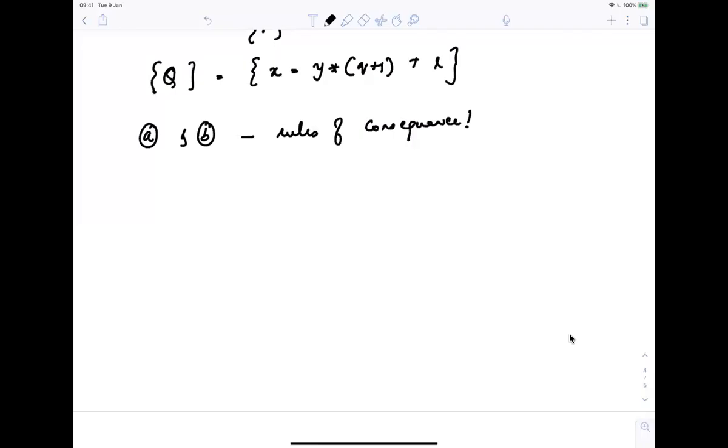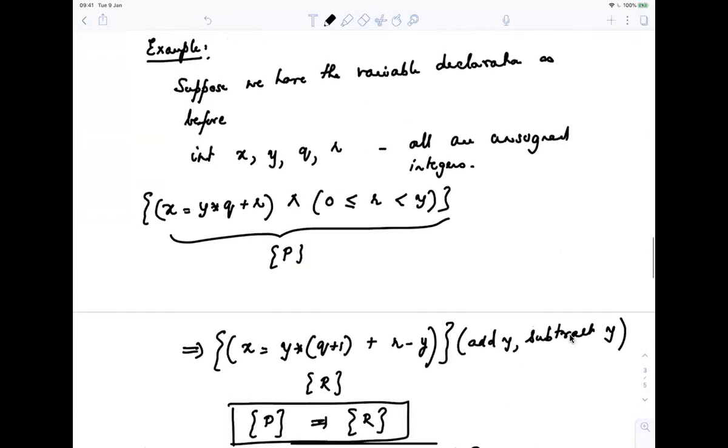Okay, so we learned about two rules of consequence, which were essentially the following.